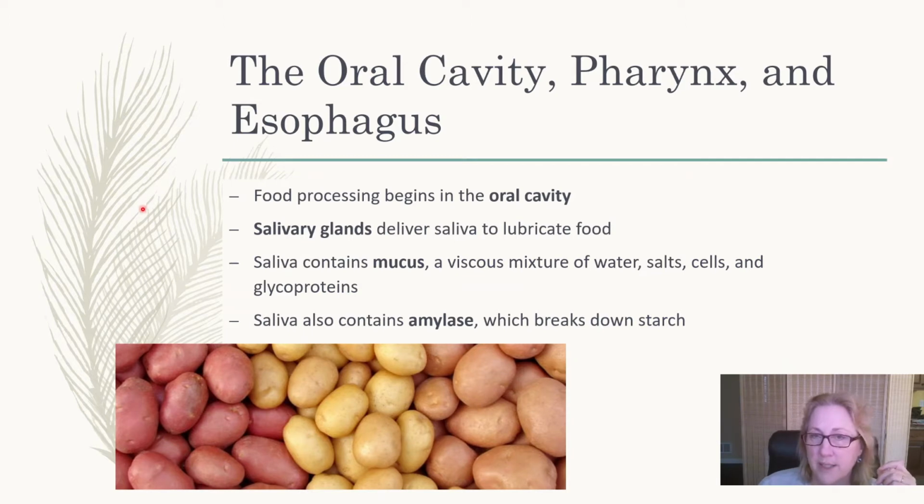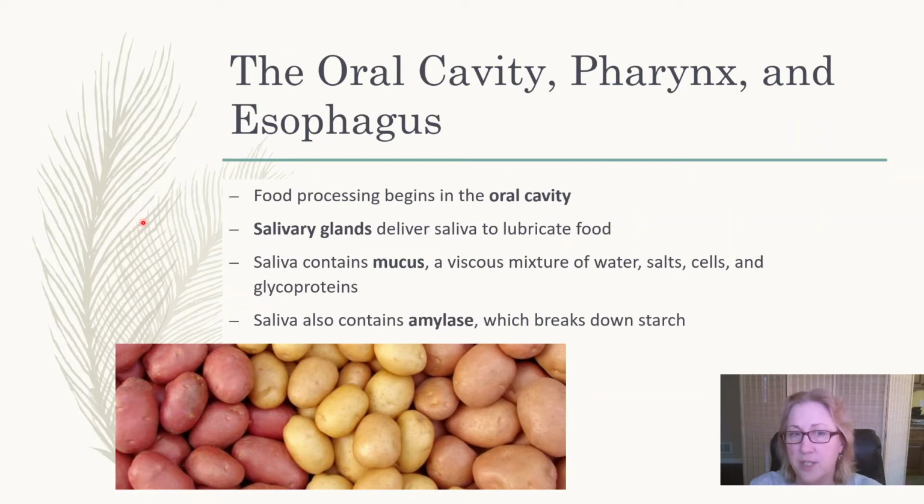So food processing starts in the oral cavity, which is the mouth. Salivary glands wet the food and assist with chewing. By lubricating the food, that makes it easier to swallow. If you don't have enough saliva, food is difficult to swallow. Mucus is a mixture of proteins and water.